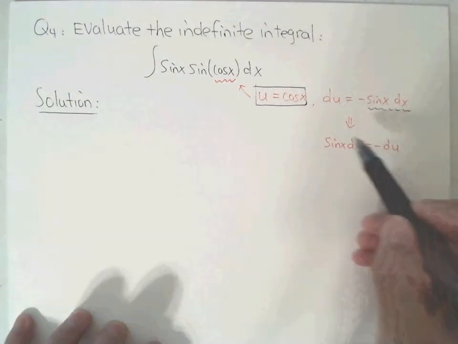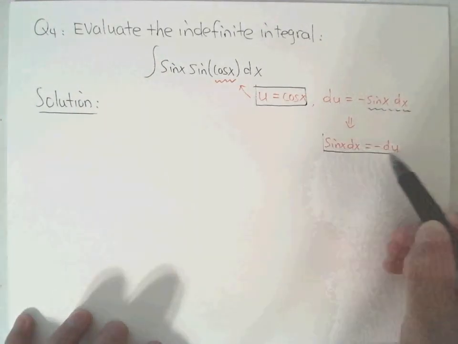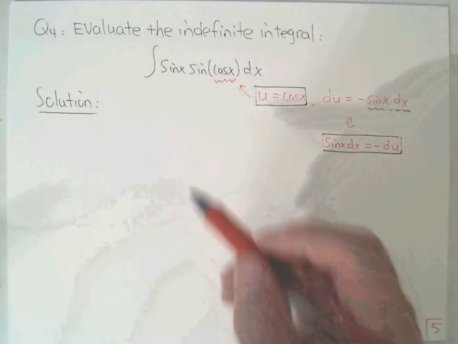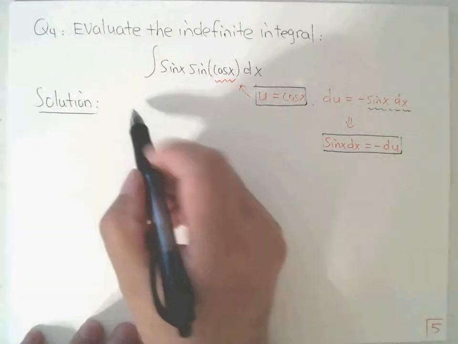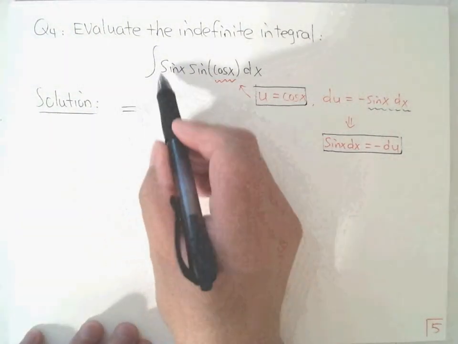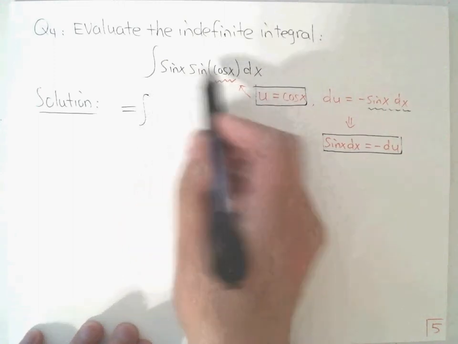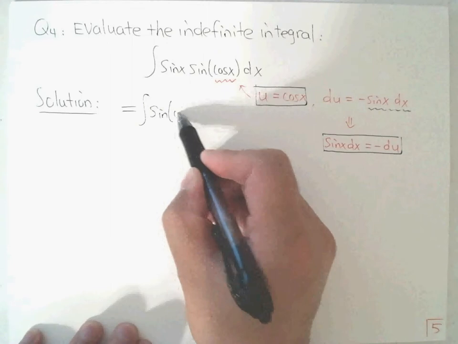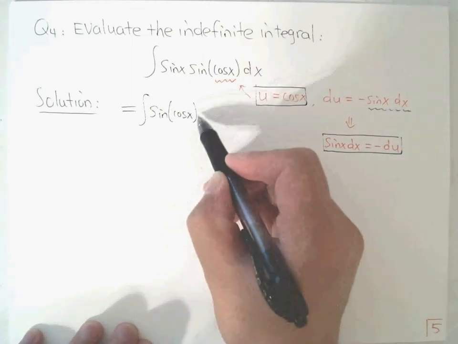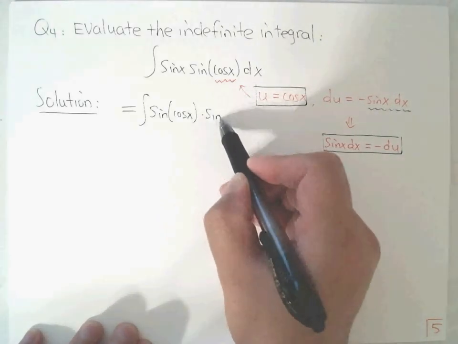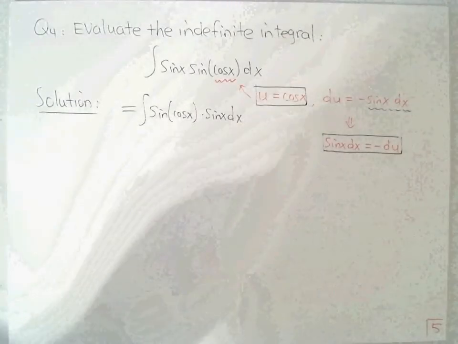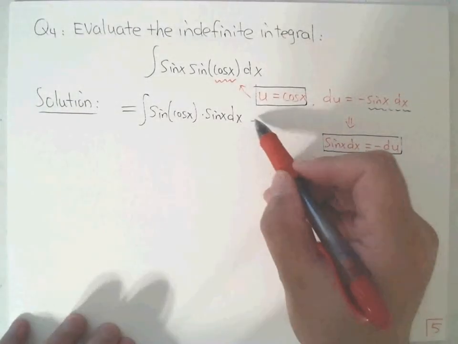Then we have two parts: the first is the substitution for u, and the second is for dx, which becomes du. Now I'm just going to finish this question. The first step is to switch the order, so I put sine of cosine x times sine x dx.